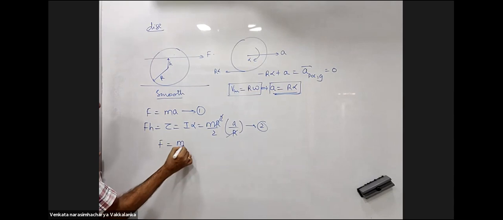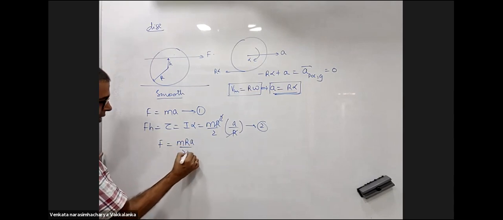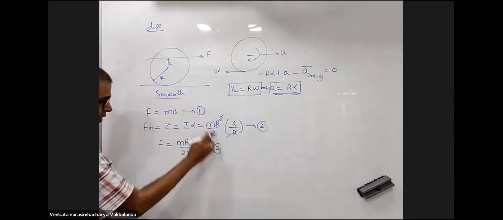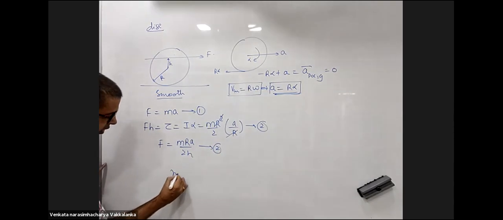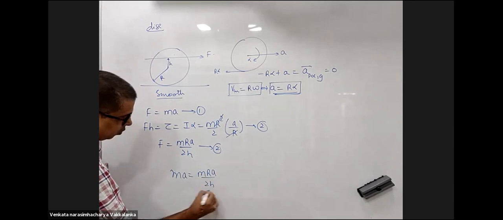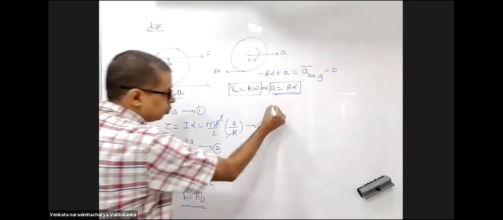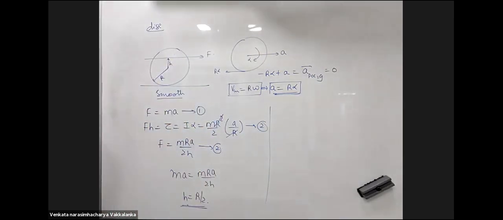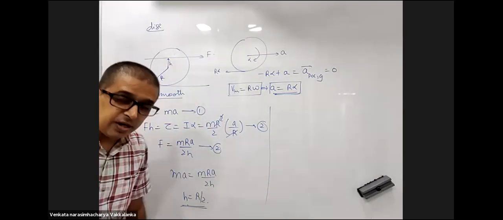F is equal to MR A by 2H. Equation 1, equation 2. Equate both of them. What do you get? H is equal to R by 2. H is equal to R by 2.